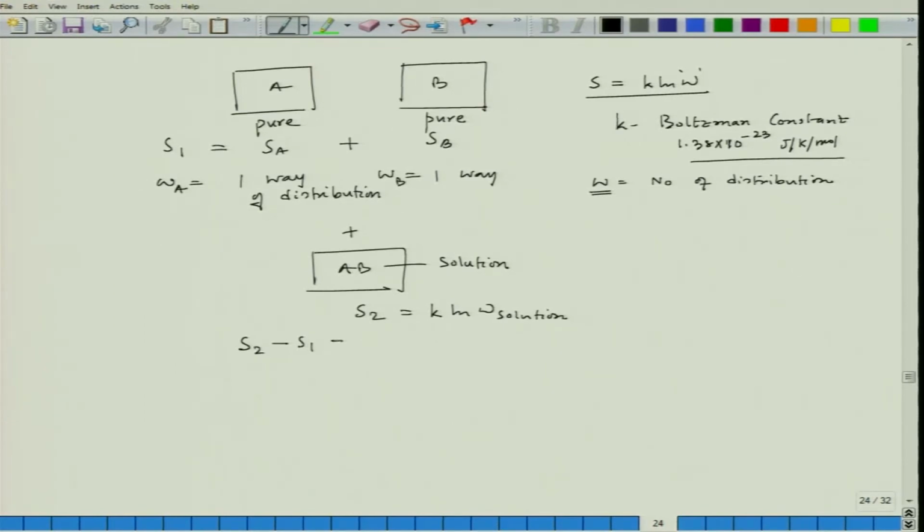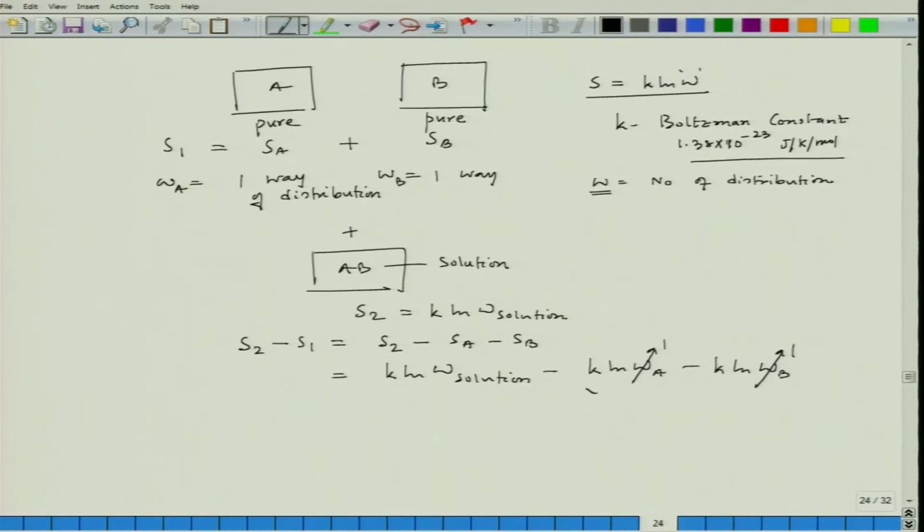So, I can write it as S2 minus SA minus SB. Since this is K ln omega solution minus, this is 1, this is 1.